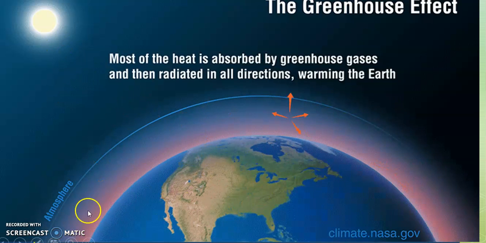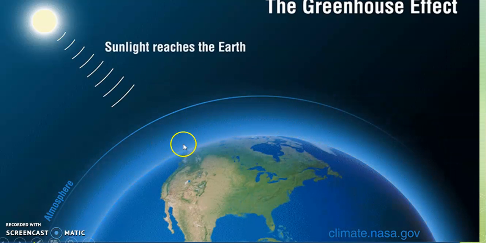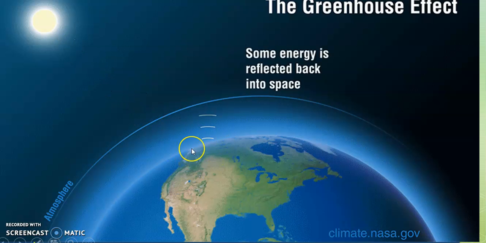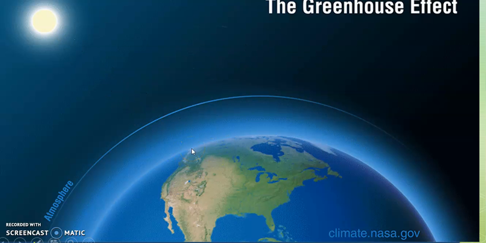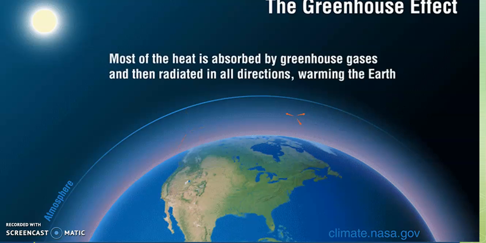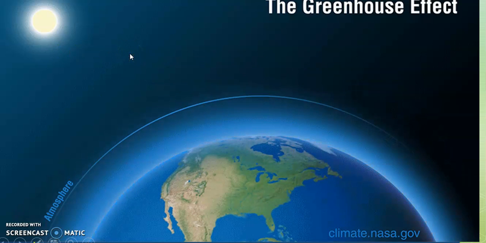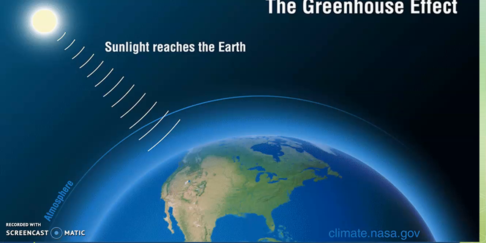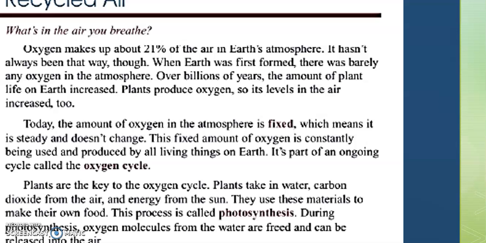Why? Because the atmosphere is open, right? It has one damage, and the radiation is so high and so hot. So most of the heat is absorbed by greenhouse gases, but in different directions. But actually, the atmosphere has one damage.